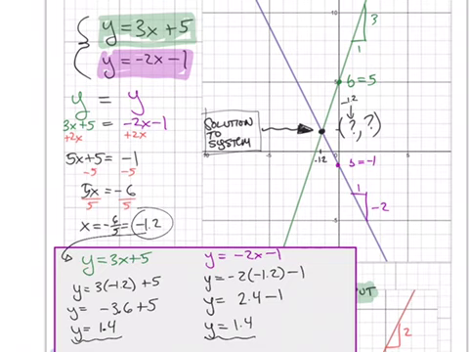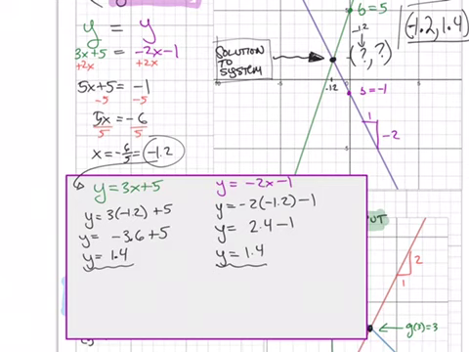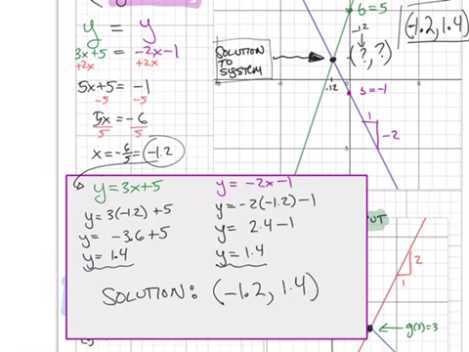So that means when x is negative 1.2, y is 1.4. Okay? And that's the solution to this system of equations. The solution is given by the two different numbers, the x value of negative 1.2, the y value of 1.4.